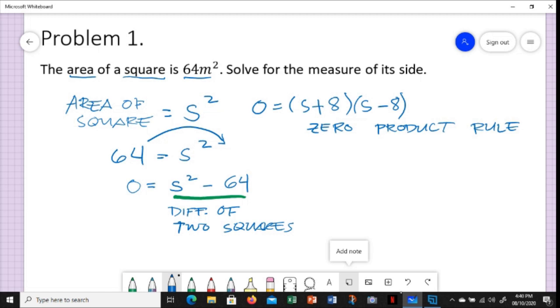Okay? So, what you will do here is equate each factor to 0. So, it's like s plus 8 equals 0. Then, s minus 8 equals 0.